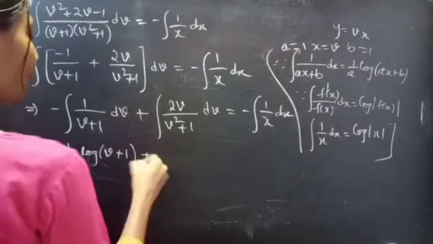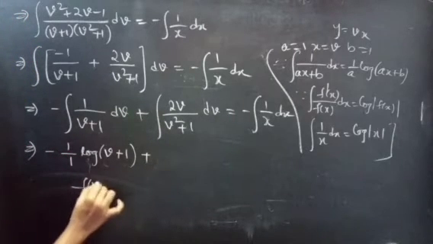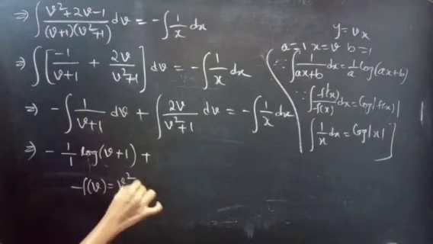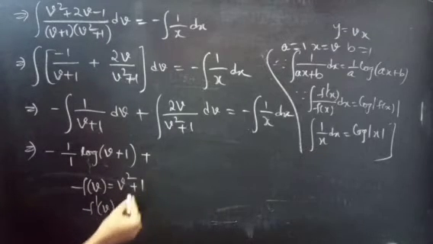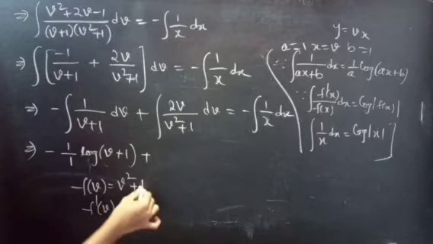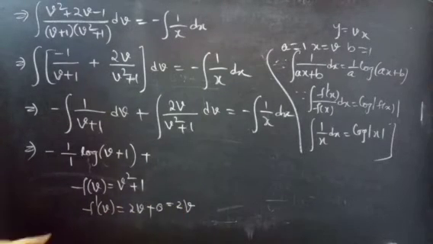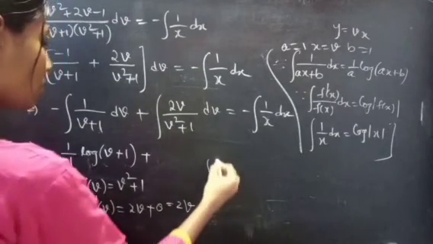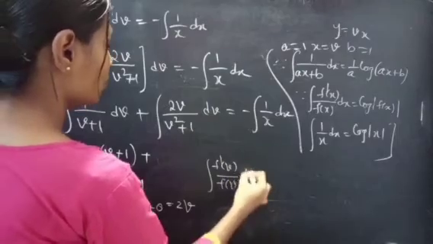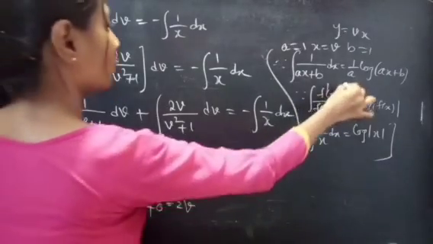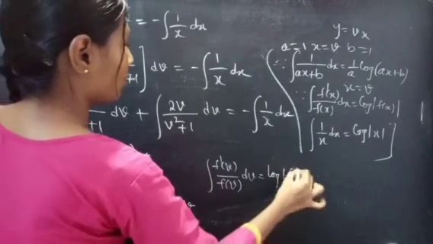Plus, now let f of v equal the term in the denominator. Then f dash of v will be the derivative of v square with respect to v, which is 2v, plus the derivative of a constant with respect to v, which is 0. Then the integral of f dash of v by f of v into dv, simply we are applying this formula for x equals v, gives log mod f of v.